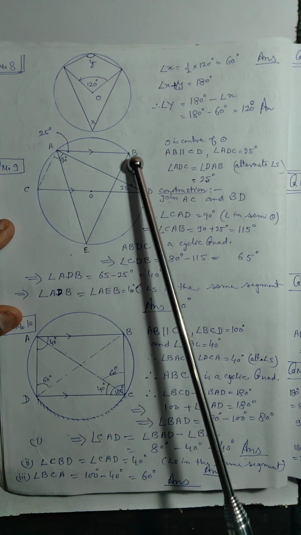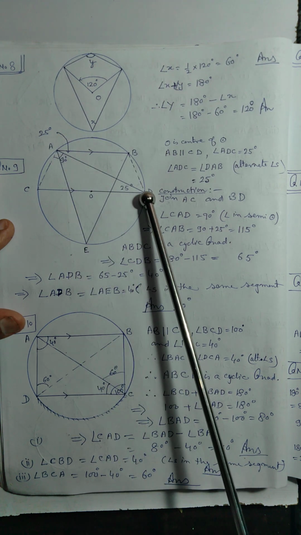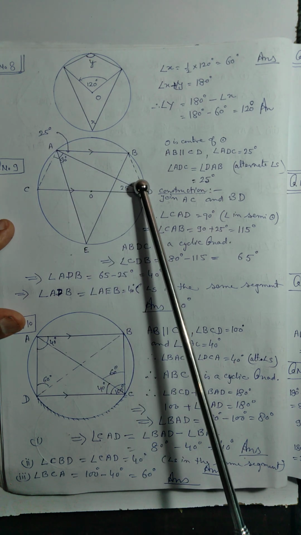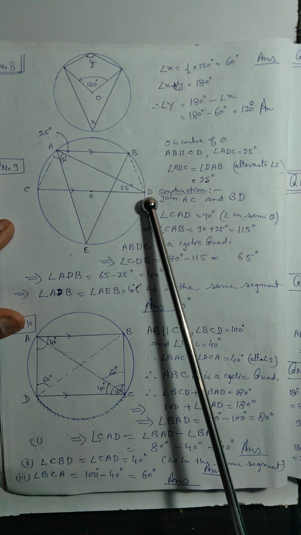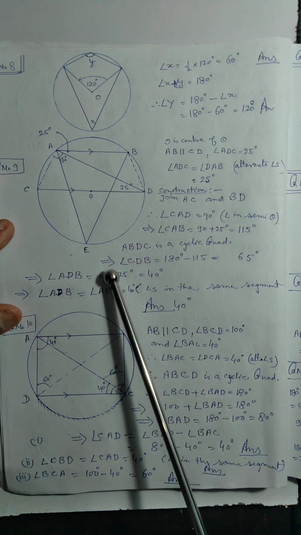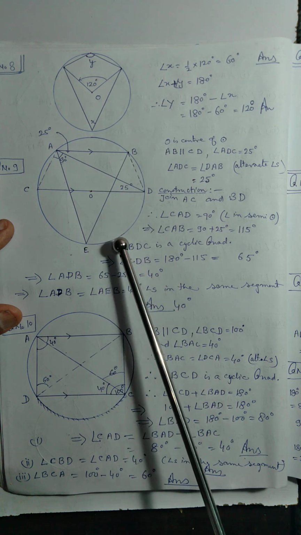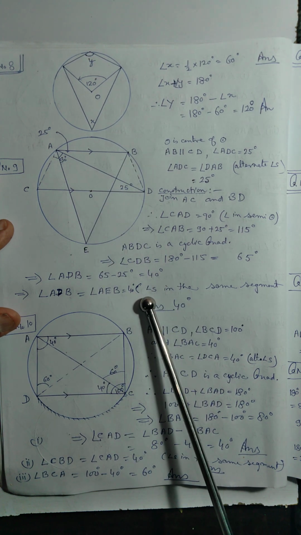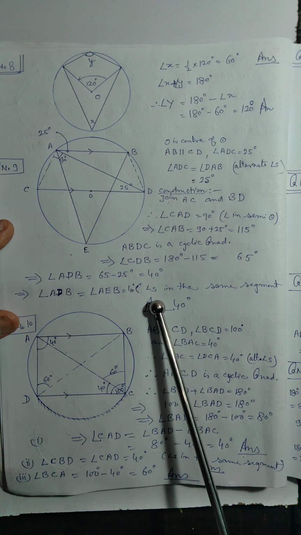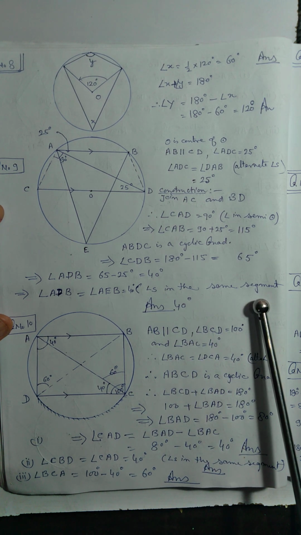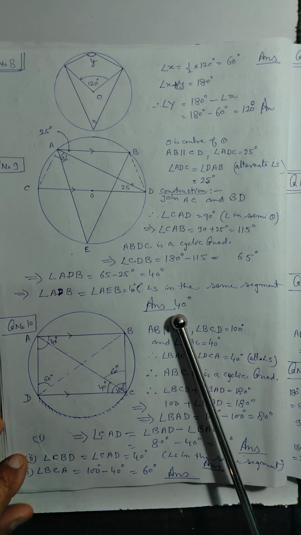AB segment के द्वारा एक एंगल D पर बना हुआ है और एक एंगल E पर बना हुआ है. हमने ADB की वैल्यू निकाल ली, that is 40 degree. So AEB will also be equal to 40 degree. You can write down the reason, that is angles in the same segment. So answer is 40 degree.